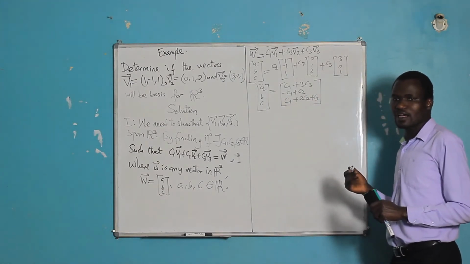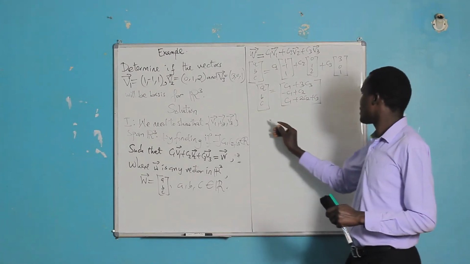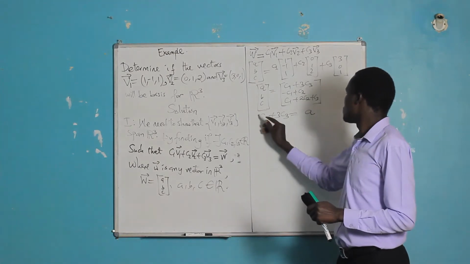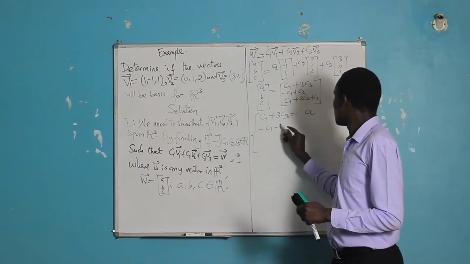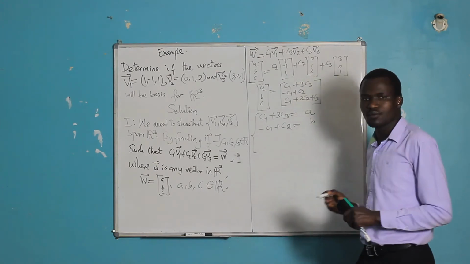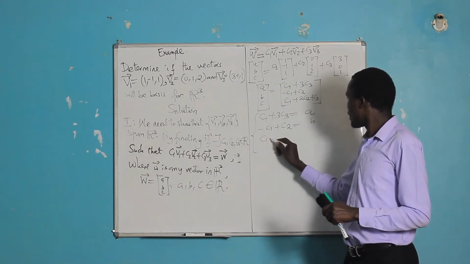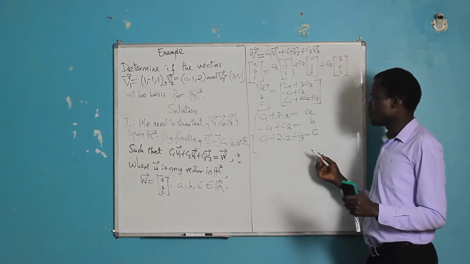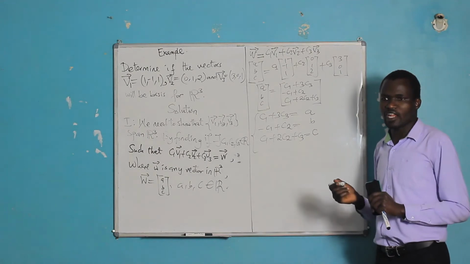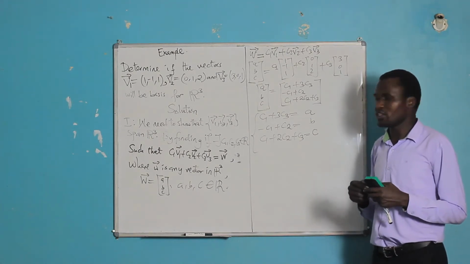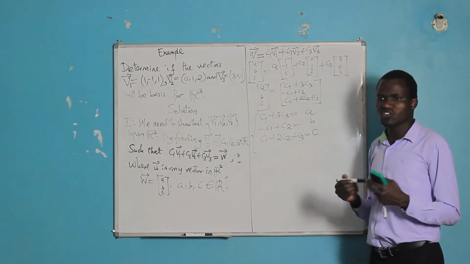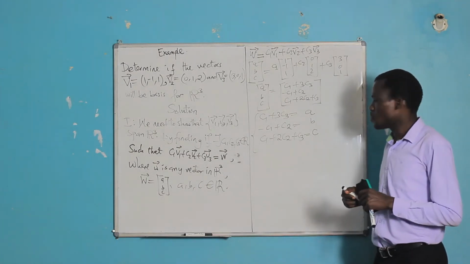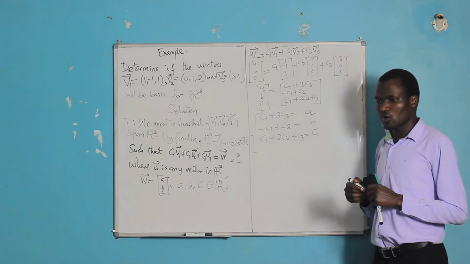So we can solve this as a system of linear equations: C1 plus 3 C3 equals A, negative C1 plus C2 equals B, and C1 plus 2 C2 plus C3 equals C. You can solve this by using the inverse matrix method, Cramer's rule, or row reduction.